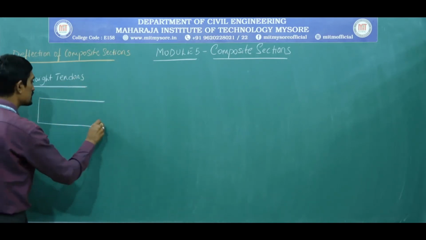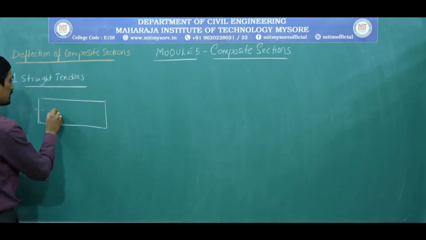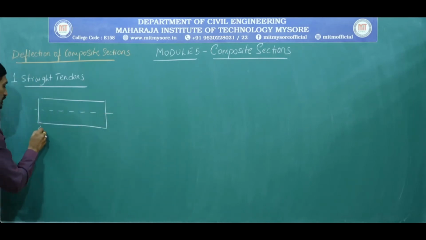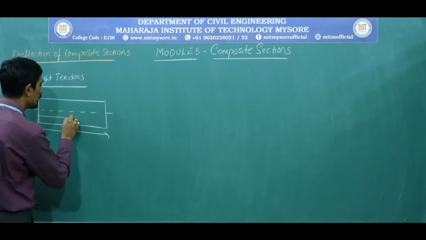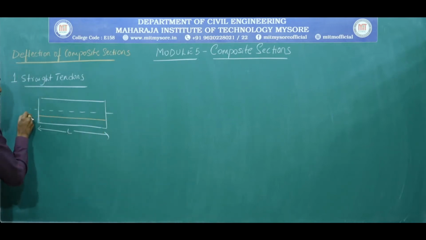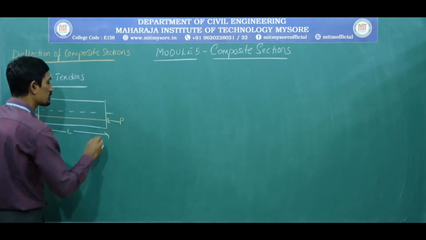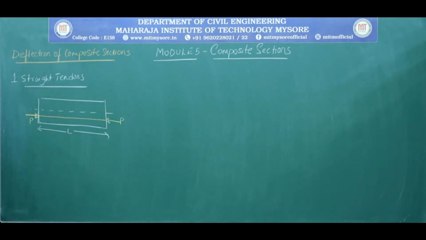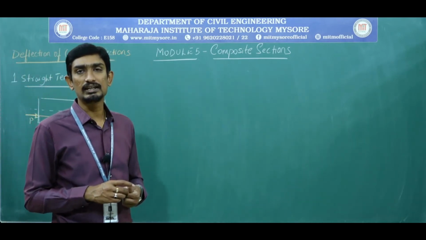This is the longitudinal section of a PSC beam, and this will be the central axis, and this will be the span L, and this will be the straight cable induced, and this will be the pre-stressing force of magnitude P induced.